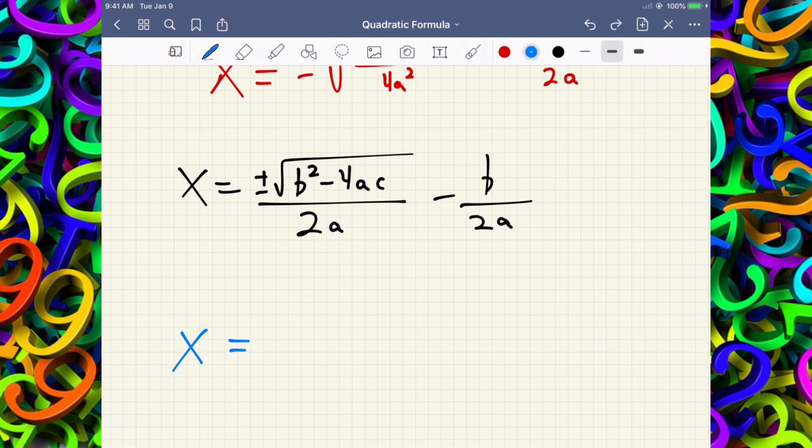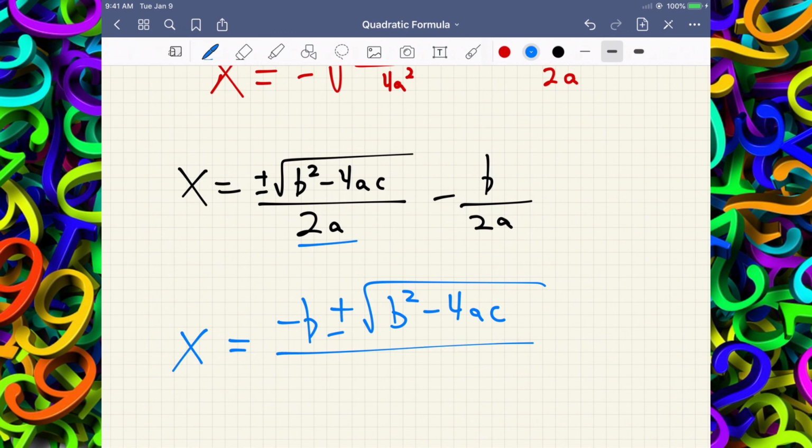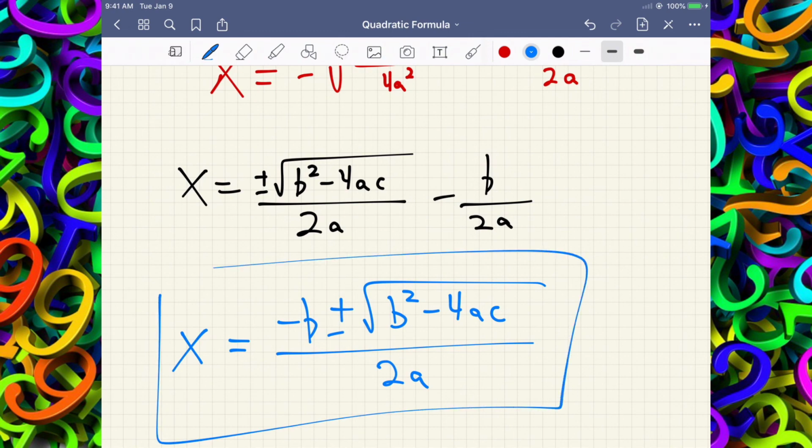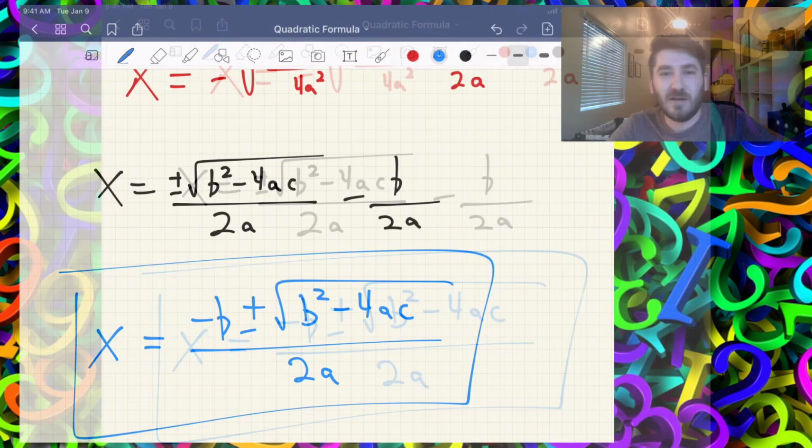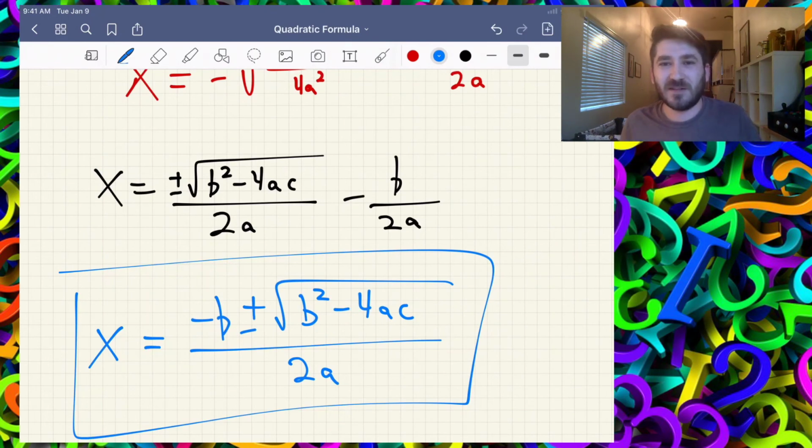So negative b, and then our other numerator, plus or minus the square root of b squared minus 4ac, and they already have that common denominator of 2a. And what do you know? We have actually derived or proven the formula to solve any quadratic equation.